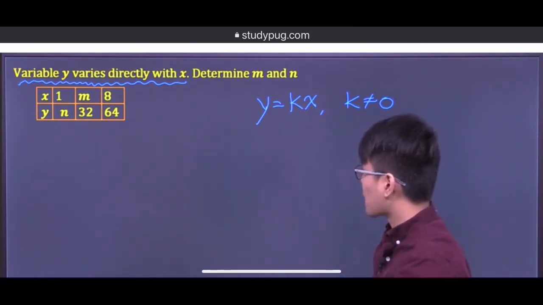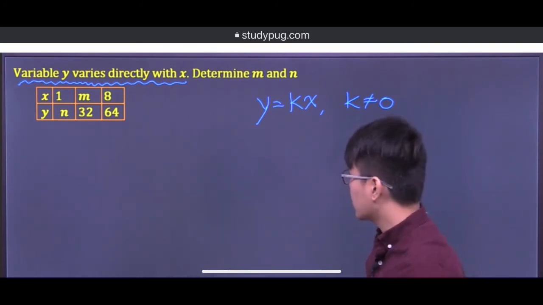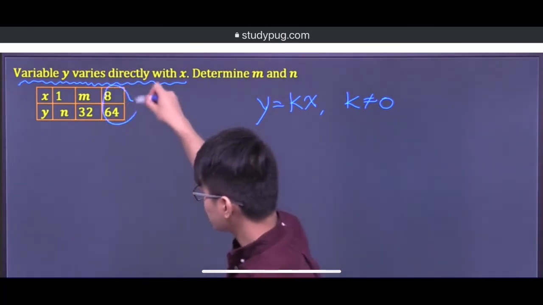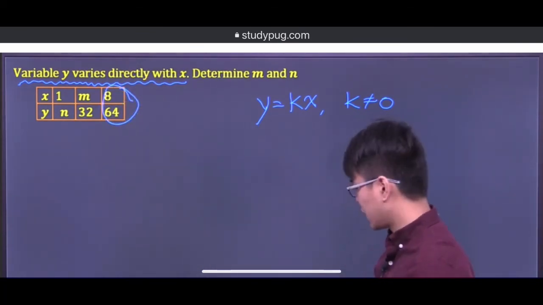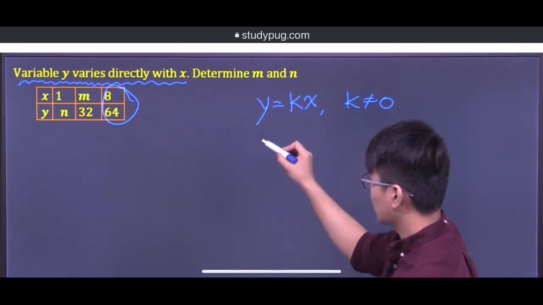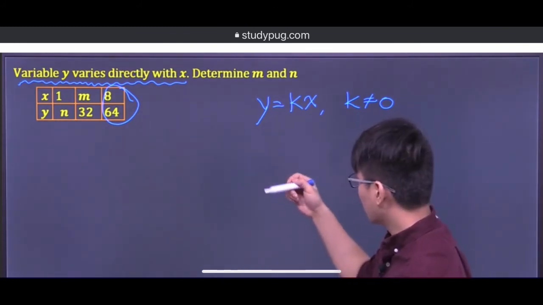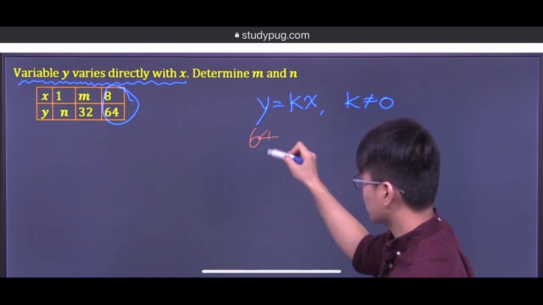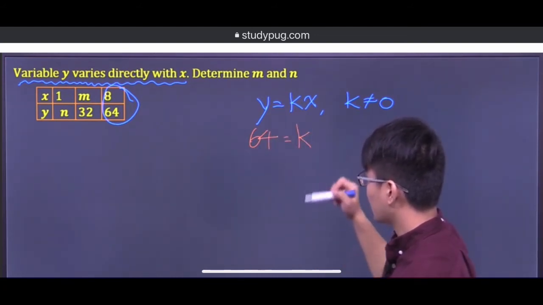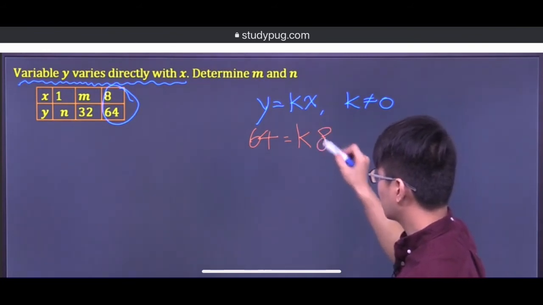So let's do that right now. Using the last pair, let's try to find out what k is. How should we do this? Well, we can just plug things in. y is 64, k is what we want to find, and x is 8.